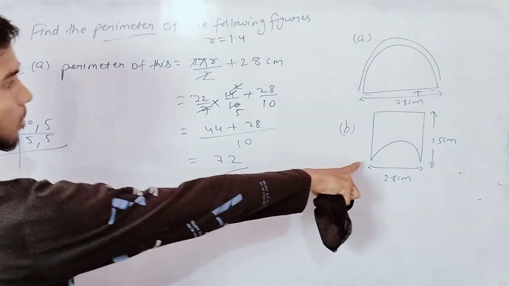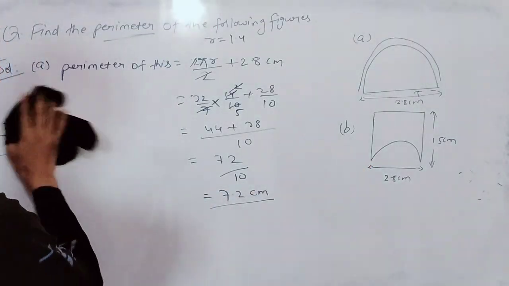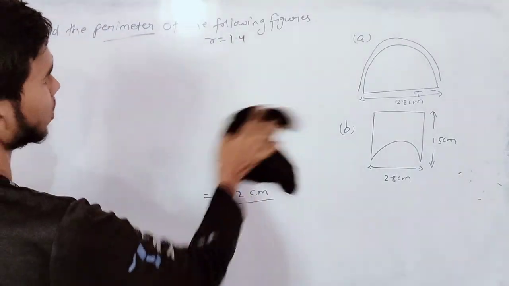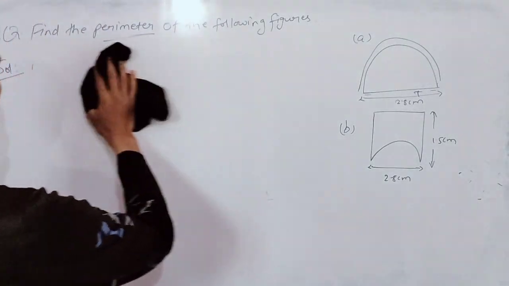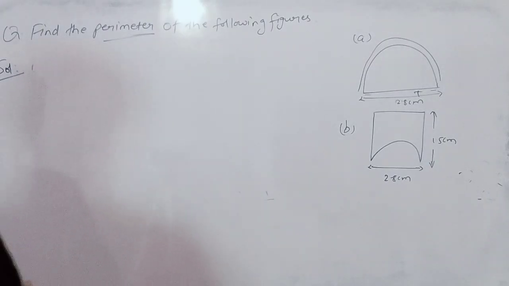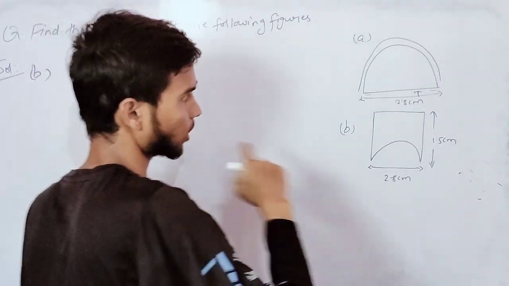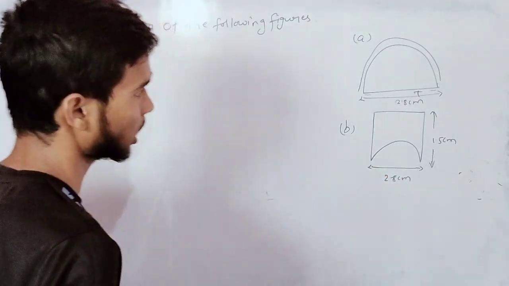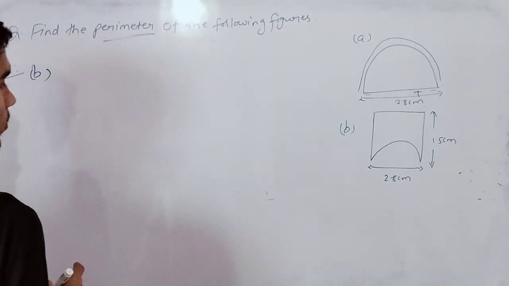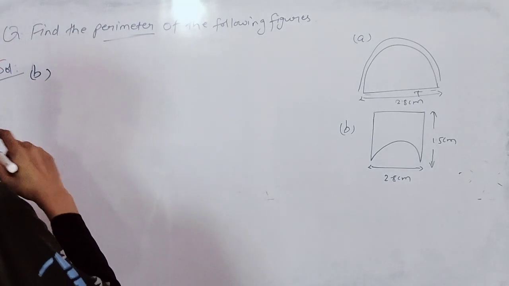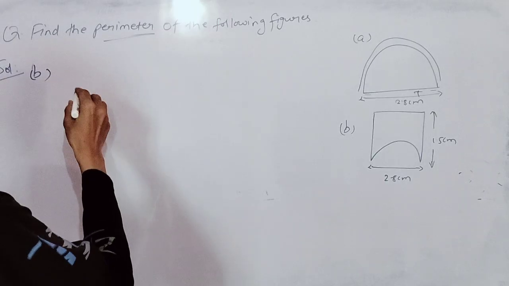Now, perimeter of this figure, B. In this, we have a semicircle of radius 1.4.